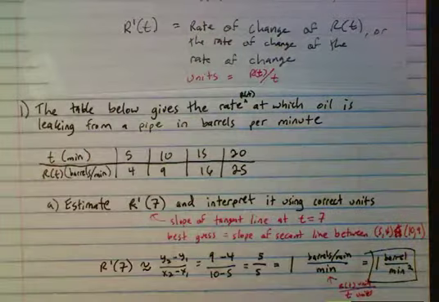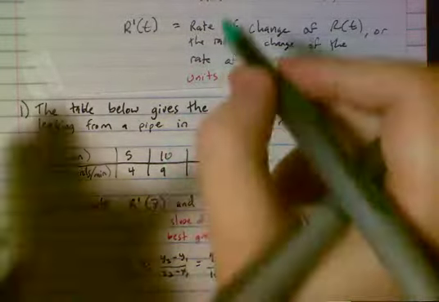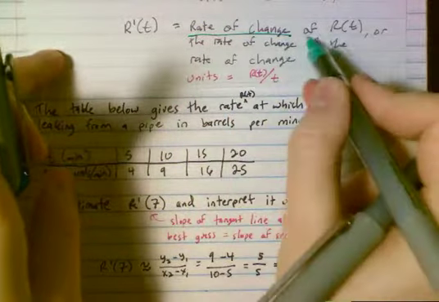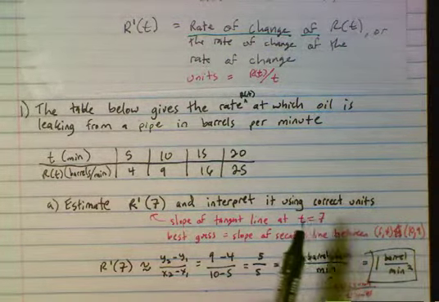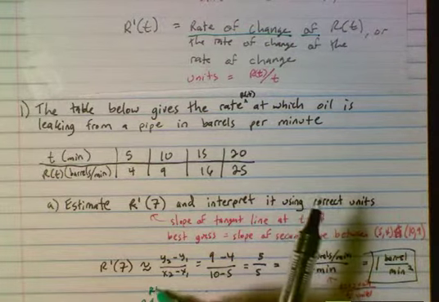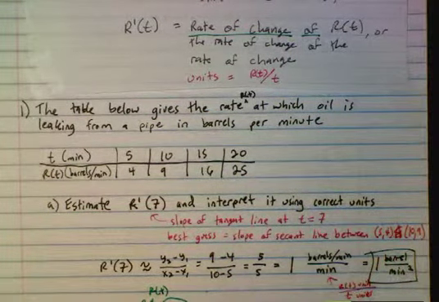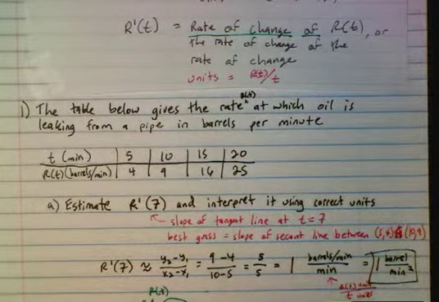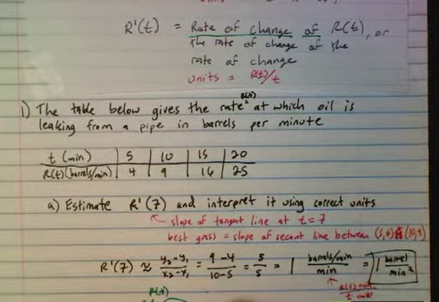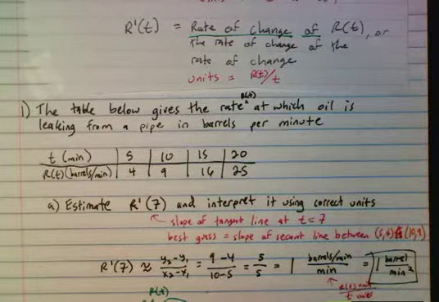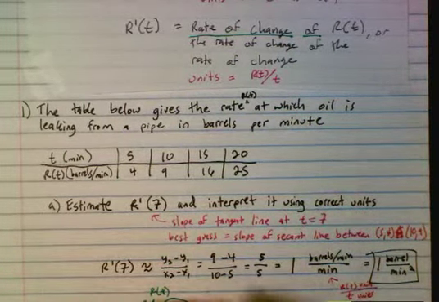R prime is always the rate of change of whatever R of t is. So this right here is R of t. So in front of that, we're going to put the rate of change of the, okay, I could write that a little more neatly, couldn't I? Give myself a little more space.